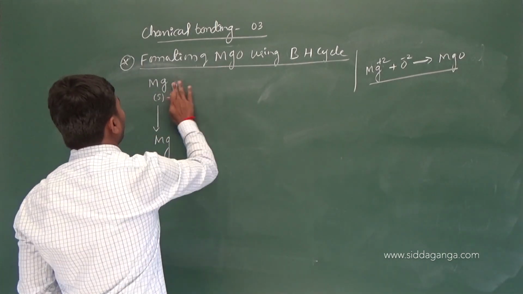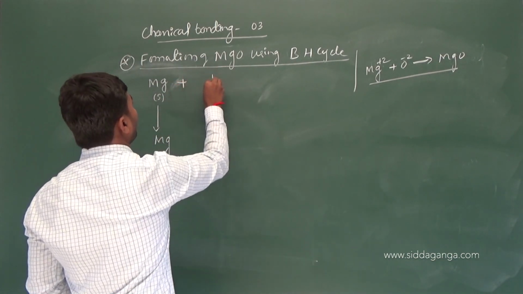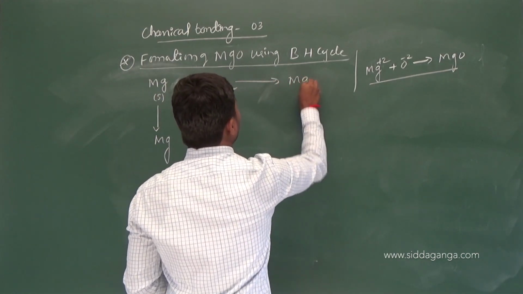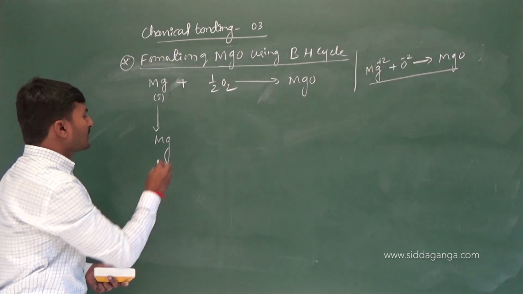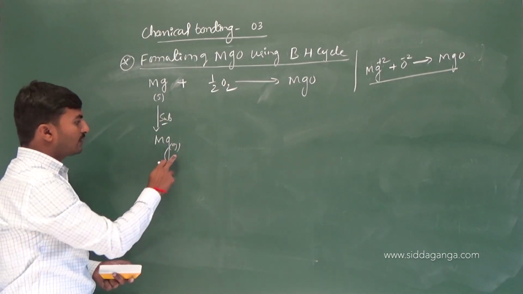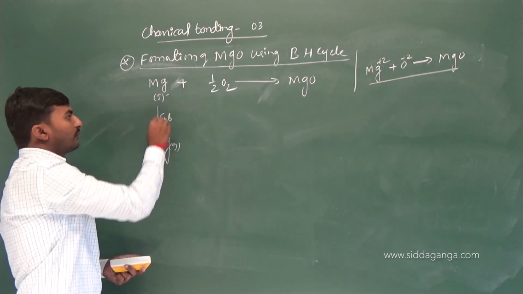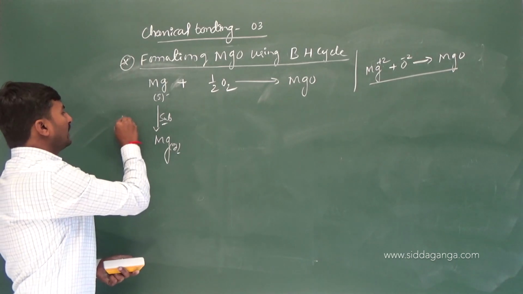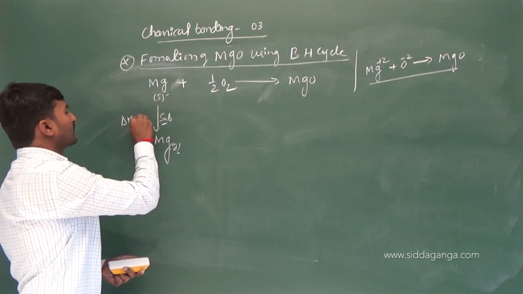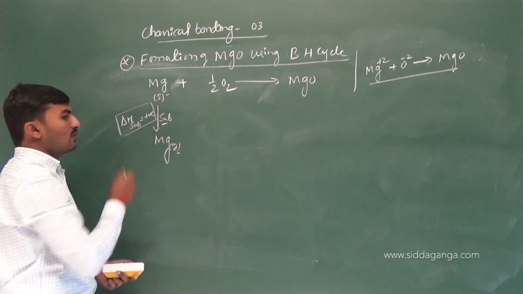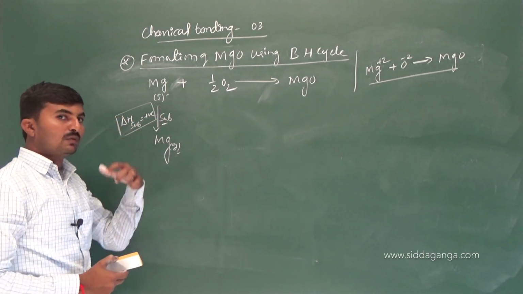The process of conversion of solid state into gaseous state is called sublimation, where magnesium is converted into magnesium atom from its solid state to gaseous state. Again, enthalpy of sublimation is positive because this reaction is endothermic. Heat is absorbed by the system.